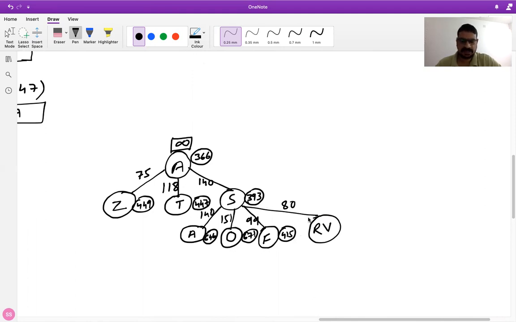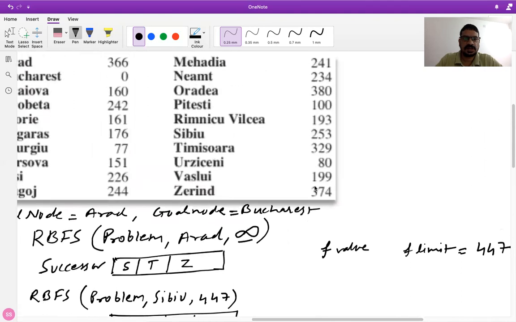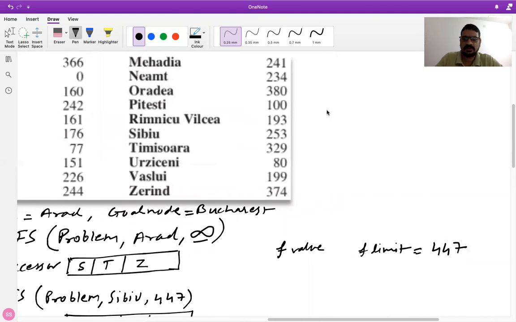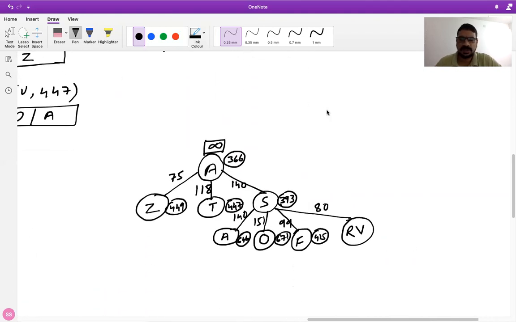Next is RV, Rimnicu Vilcea. It will be 140 plus 80 plus 193. It is coming 413. Is 413 bigger or 393? 413 is bigger. So I'm writing 413 as the F value here.